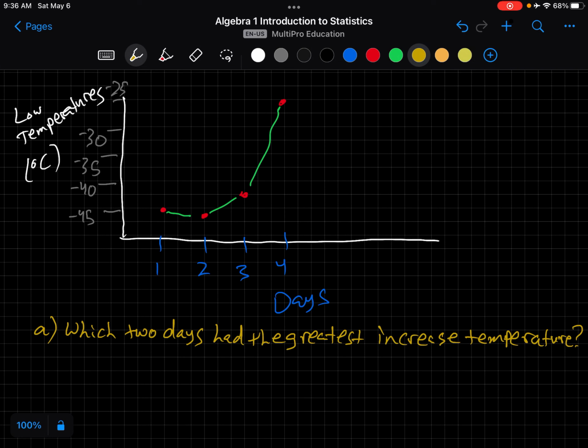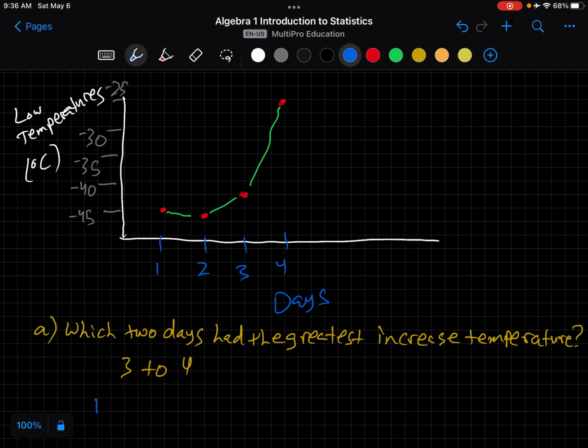So let's look at which ones increase. So day 1 to day 2, that actually decreases. So that's not an increase. Day 2 to 3, it looks like we change a little bit, and day 3 to 4 it increases by a lot more, right? So we would say day 3 to 4.